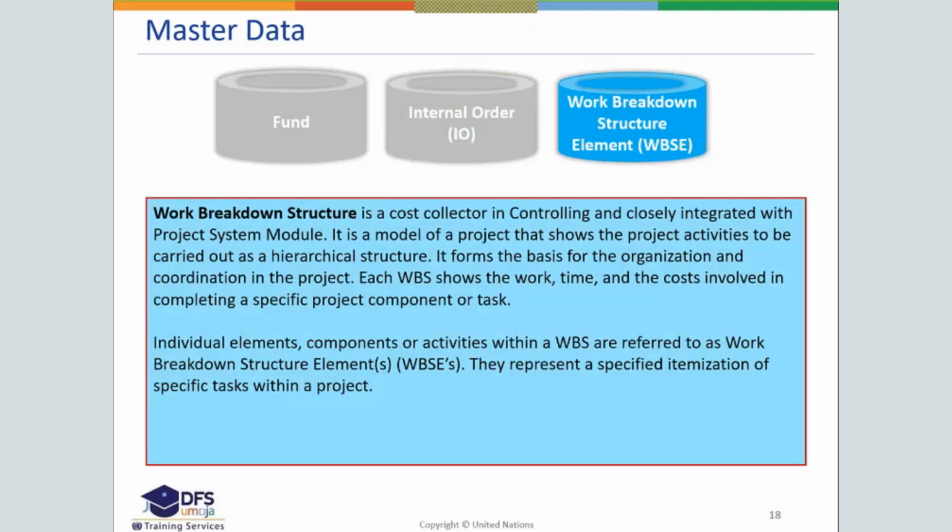The work breakdown structure within a project shows the work, time and cost involved in completing a specific work component or task, and then within it we have more specific items, the work breakdown structure elements. It's like a subcategory or sub-element within a project. But we will cover it tomorrow, so you will have time to understand it better.